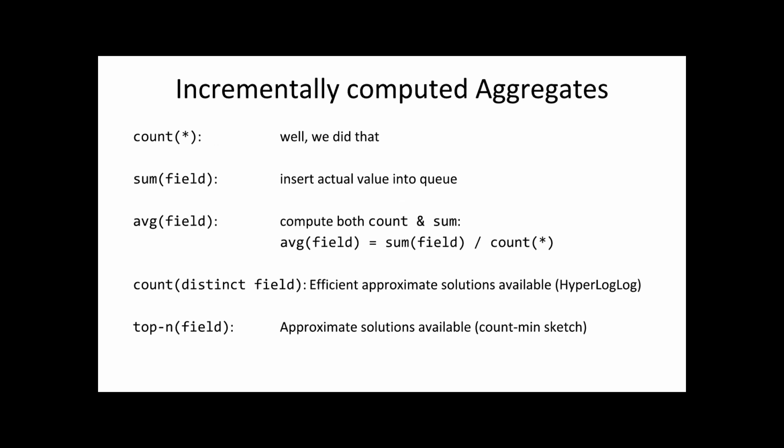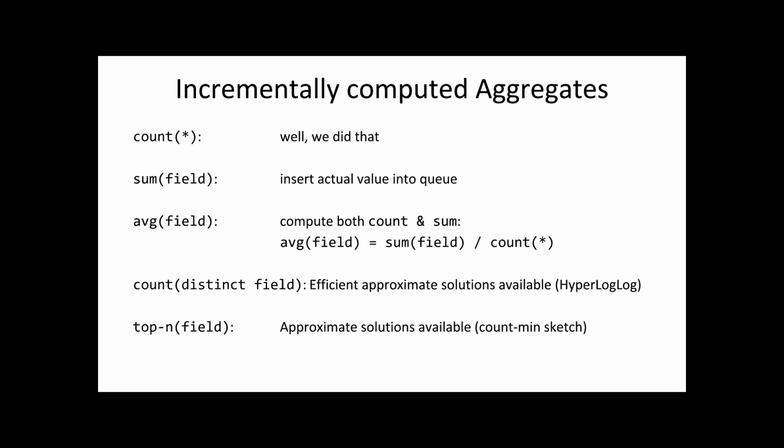There are also some specialized data structures for incrementally computed distinct counts, particularly HyperLogLog, and there's a very nice Postgres extension for using HyperLogLog, which gives you an estimate of the number of distinct items.